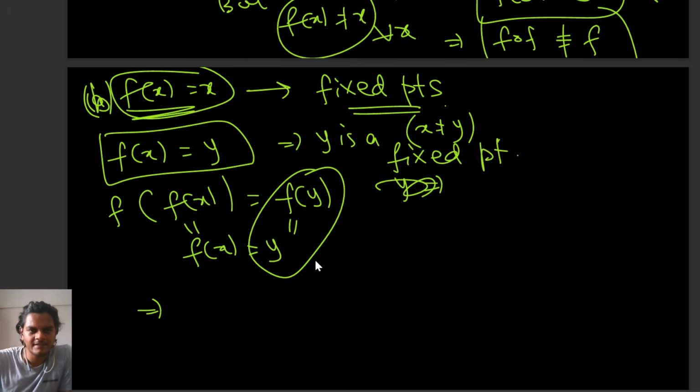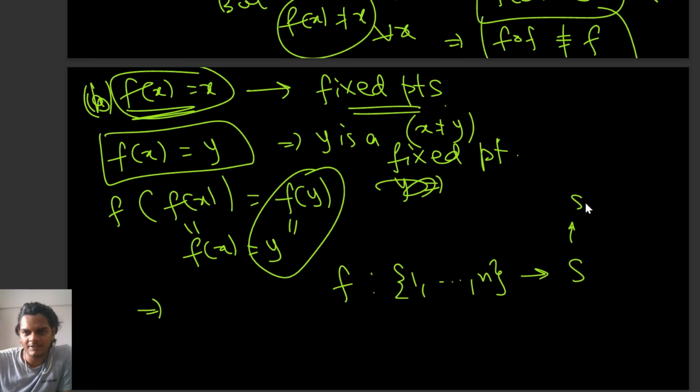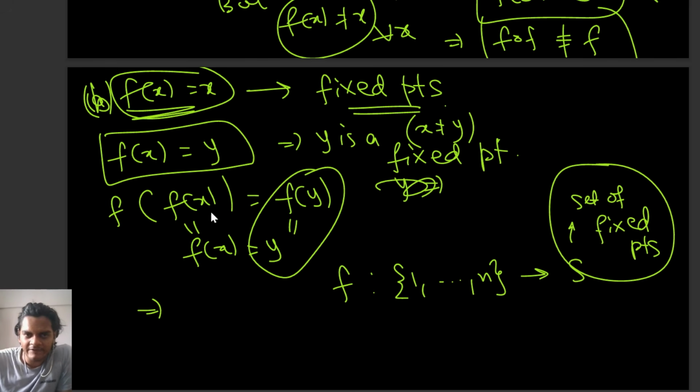That implies that we are interested in finding f defined on 1 to n to the set of fixed points. This is the set of fixed points. So whatever value f of x takes, it has to be a fixed point at the end, right?